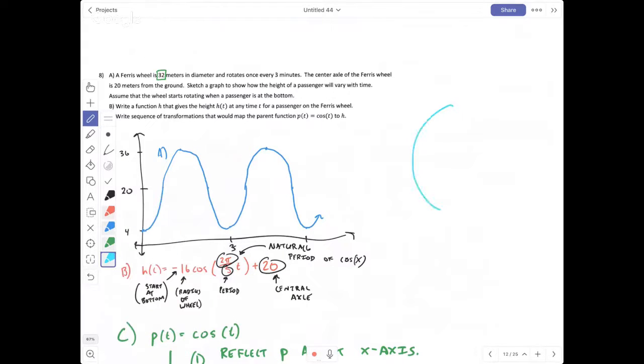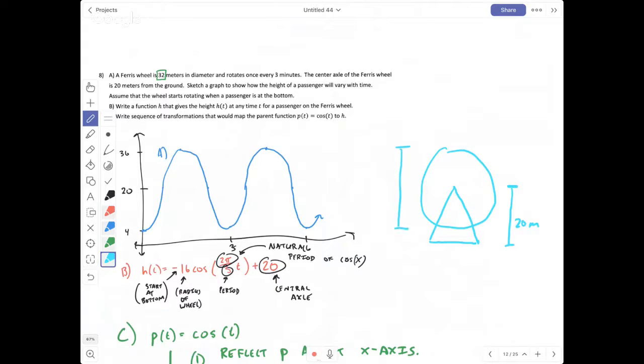It's a wheel that looks like that, and we'll keep the scale of the graph. This point is the central axle, 20 meters. And here, this is 32 meters.